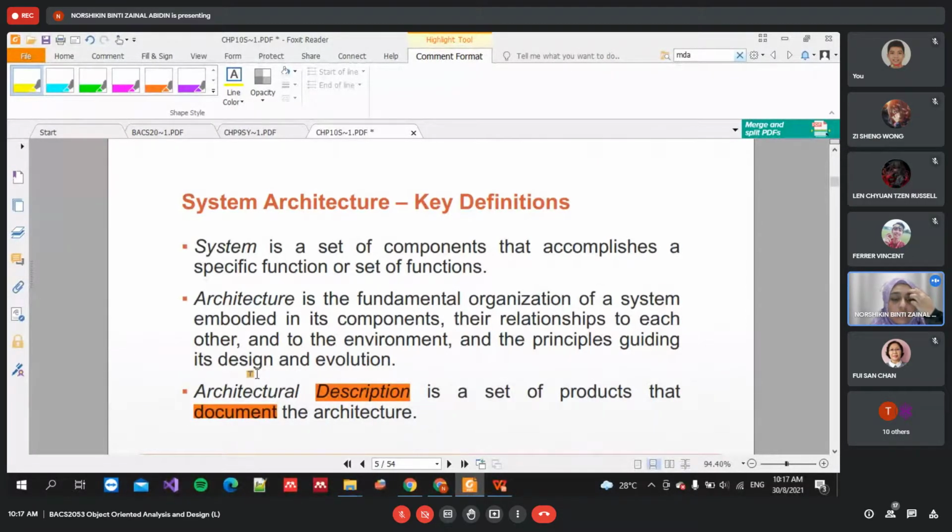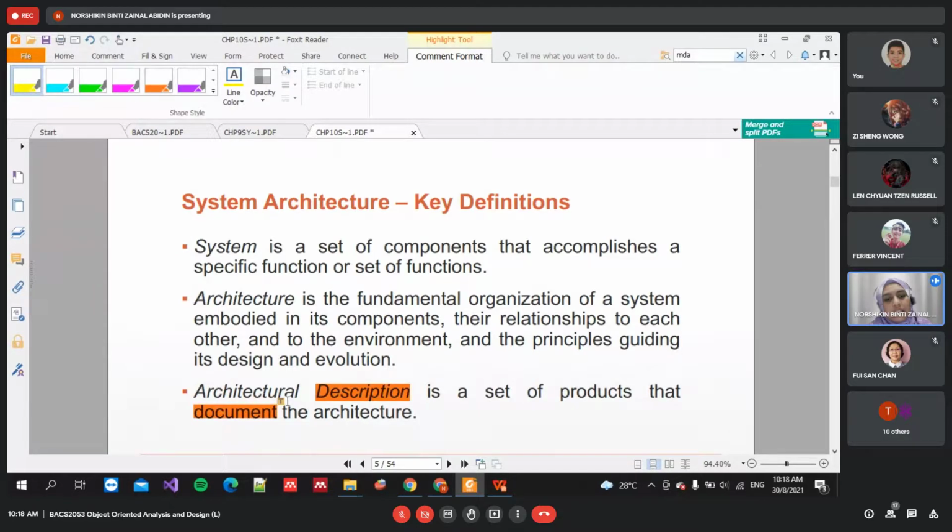As I mentioned just now, architecture is the fundamental organization of how the components are related to each other, not only between the components themselves but also the environment. I already explained to you guys what environment is last time. Environment is where we will deploy our system, for example, the server where we will deploy our system. So that one is architecture.